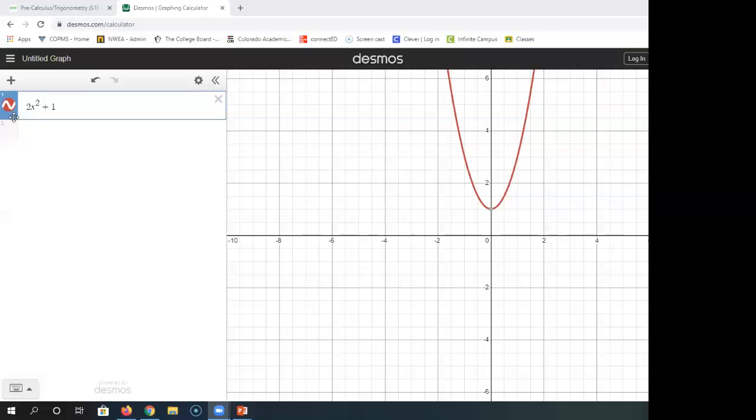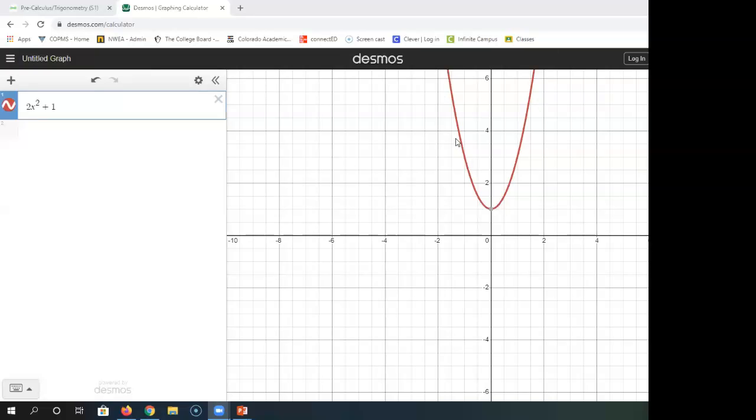So here's the graph of just 2x squared plus 1, remembering that vertical asymptotes occur when this is equal to 0. But you can see our graph is a parabola. It's above the x-axis, and it's opening upwards.